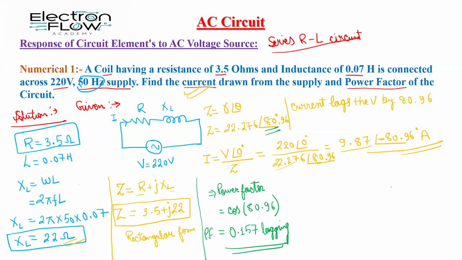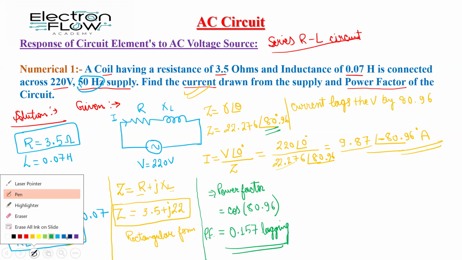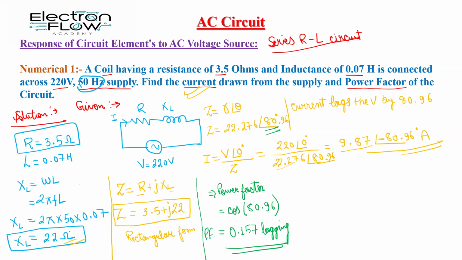If I draw the phasor diagram, it will look like this for this circuit. This is our supply voltage, which is equal to 220 at an angle of 0 degree, and this is the reference vector. From this reference, the current is minus 80 degree apart.